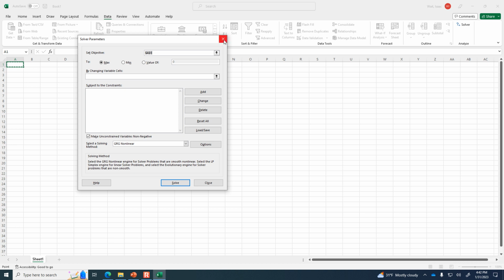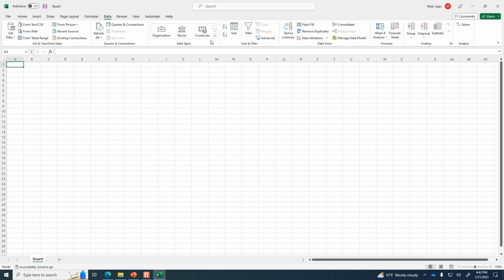So just to play with Solver really quickly, let's try the following function. Let me erase the whiteboard here, just to illustrate what it can do.